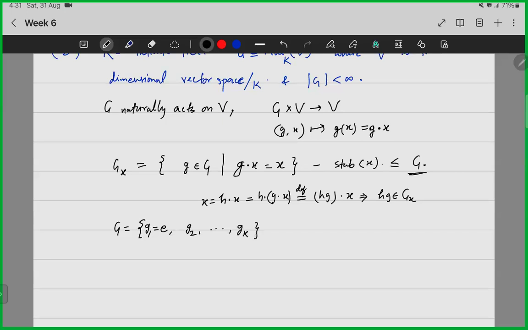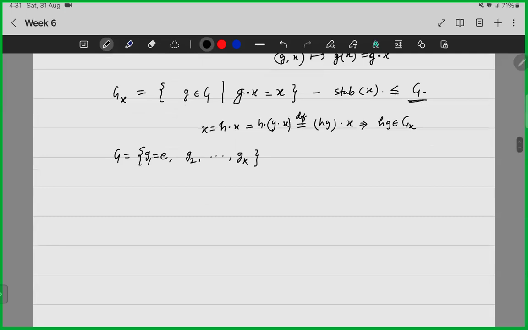This is our G. Consider the collection of subspaces W_gi, which is those vectors which are fixed by gi, that is gi(x) equals x.